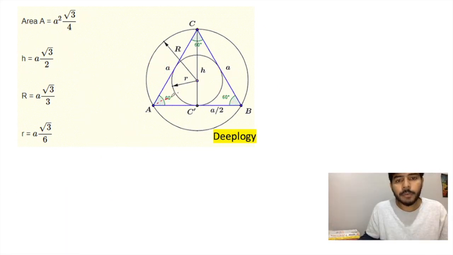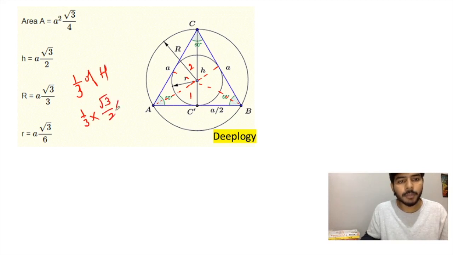If you want to find small r, then what can we do? Again, as I told you, this point divides this height in the ratio 2:1. Then we can write 1 upon 3 of the height. That means 1 upon 3 into the height, which was root 3 upon 2 into a.